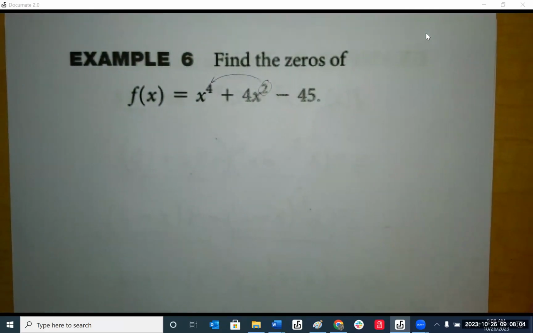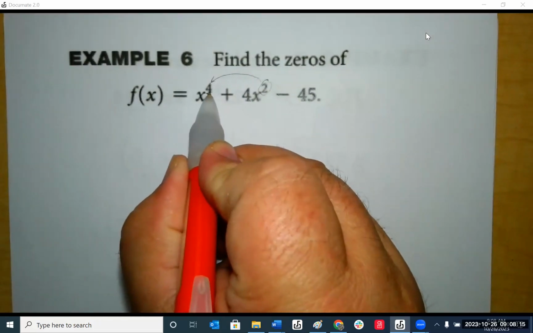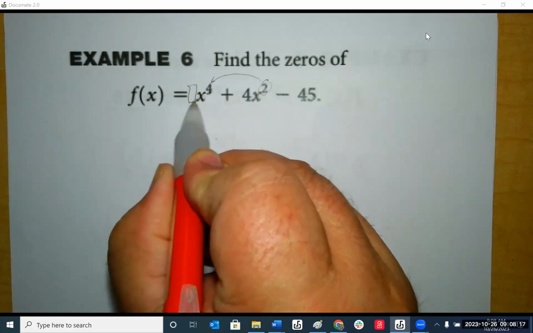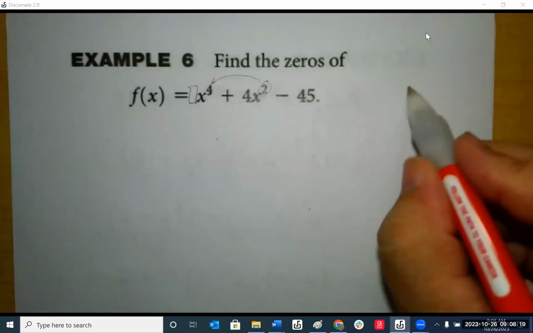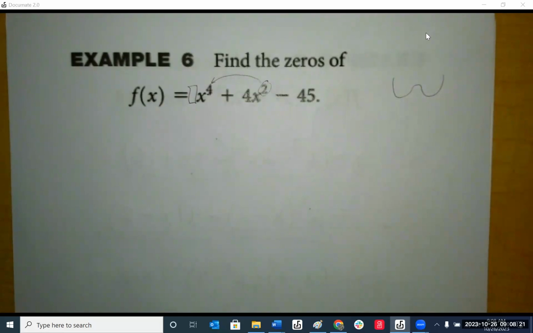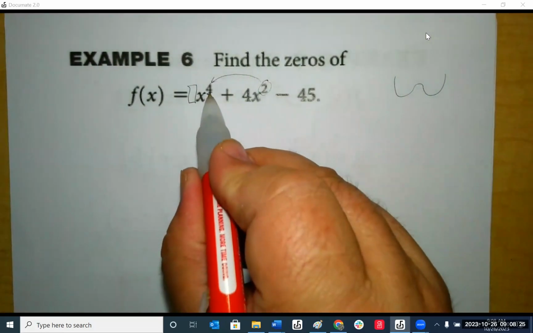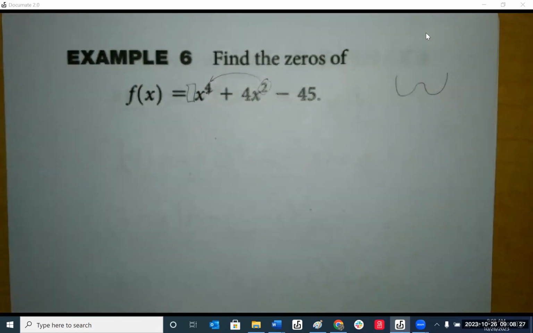What about the end behavior? They're both going up, both the same direction, because the degree is even and the leading coefficient is positive. So we know the graph will look something like this. We'll have at most 4 solutions.